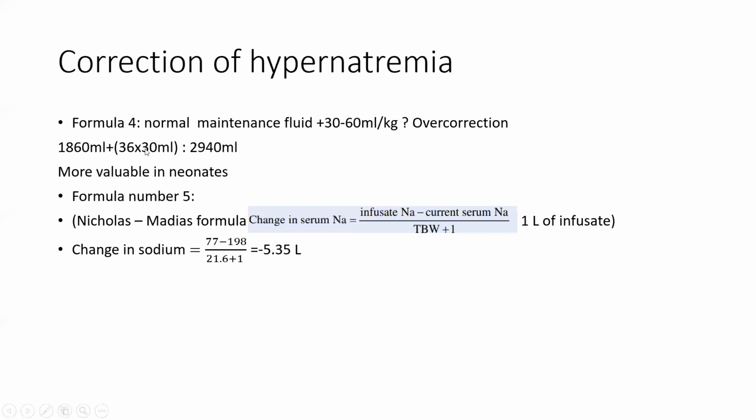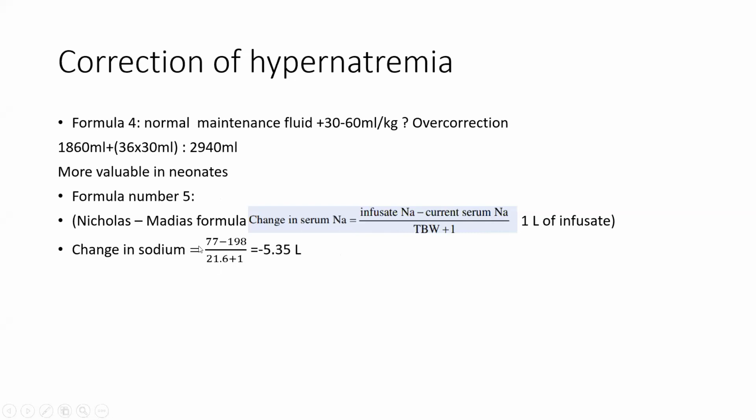So the formula is the infusion set sodium minus the current sodium, then divided by total body water plus 1. Then we find how much, in terms of liters, of infusion. Because now, when you treat hypernatremic dehydration, you use half normal saline, not normal saline.